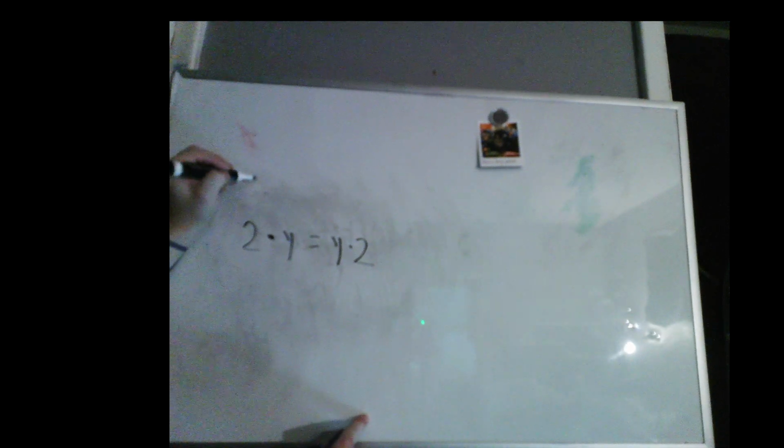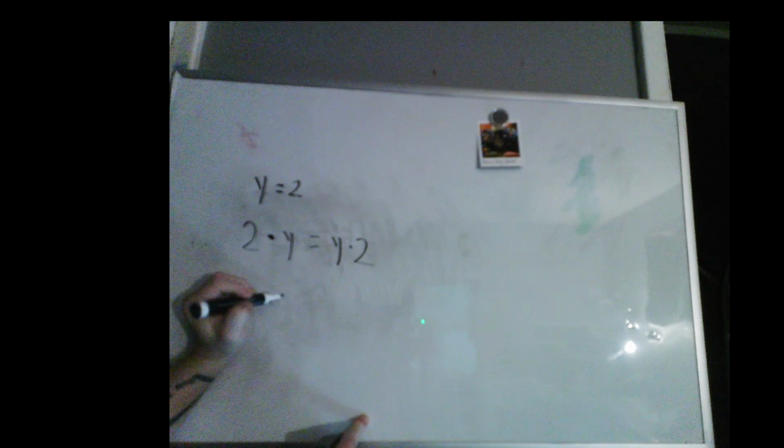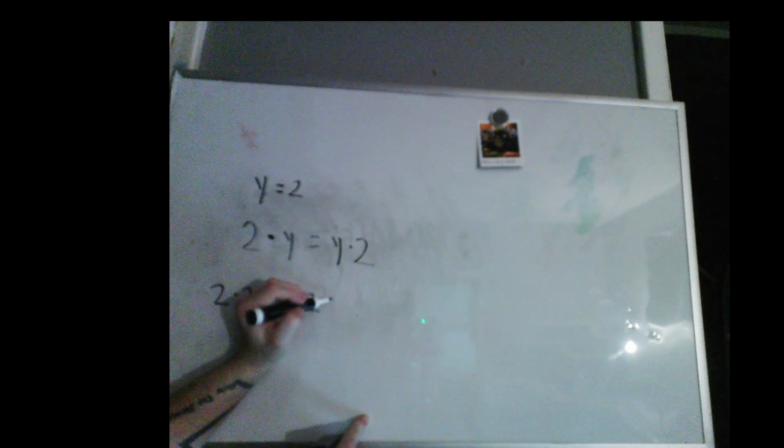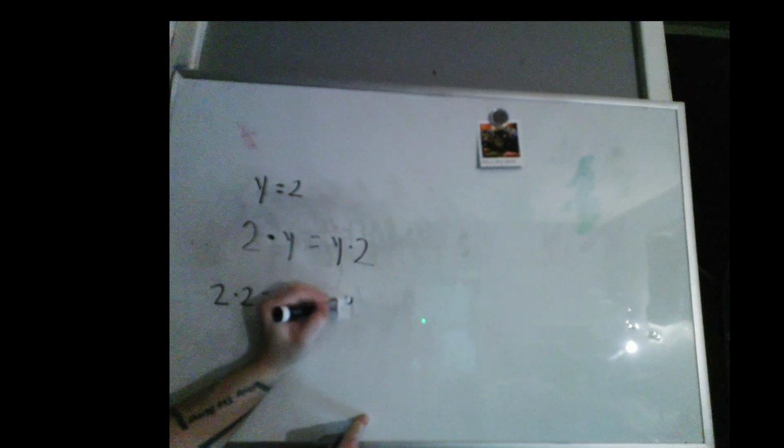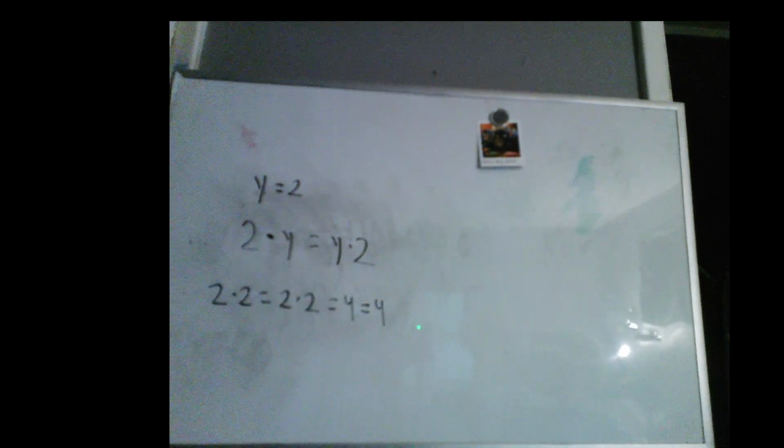The answer is commutative property of multiplication. We're going to go ahead and plug some numbers into this. So we have y equals 2. That would be 2 times 2 equals 2 times 2, so 4 is equal to 4.